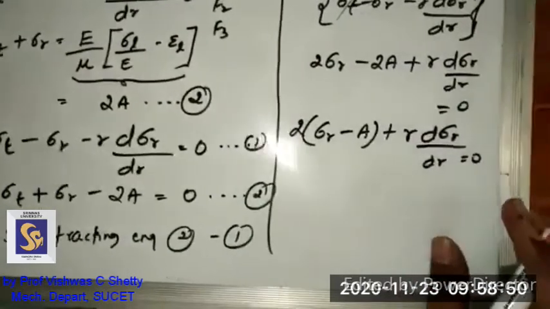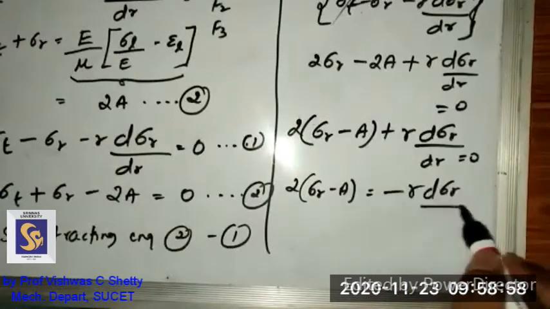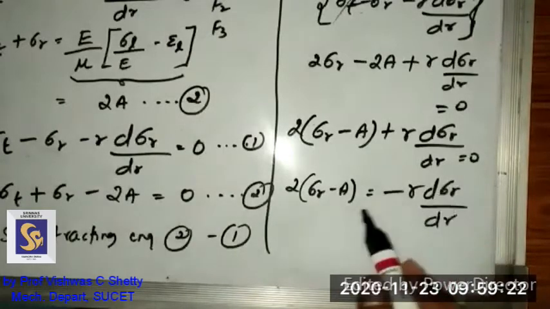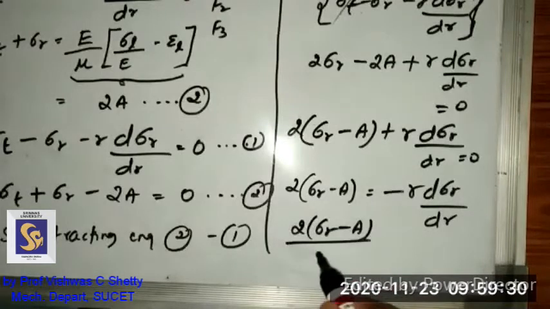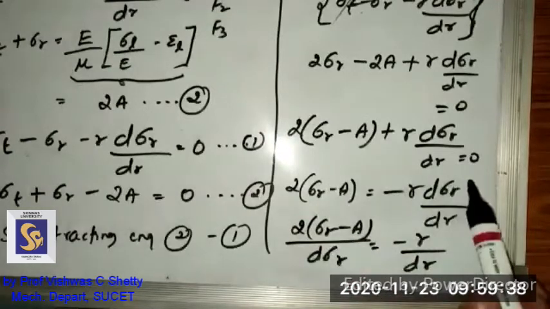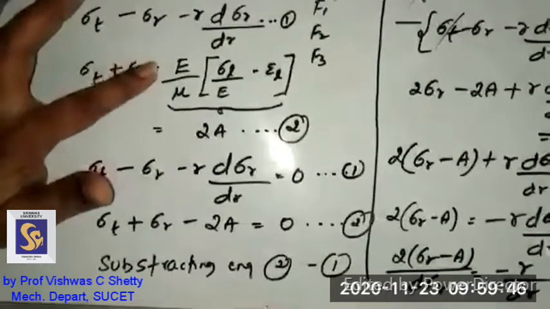If you take this term to the right hand side, sigma r minus a equals minus r d sigma r upon dr. Just rearranging the terms, you bring this d sigma r to the left hand side. Have you noted down this? Can I erase?